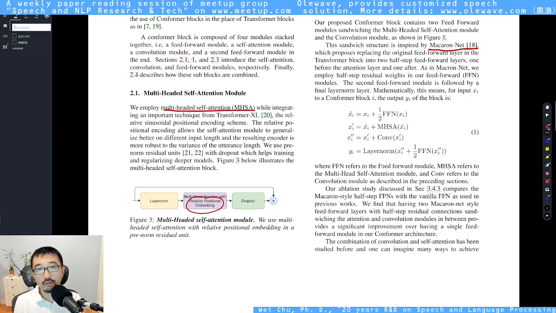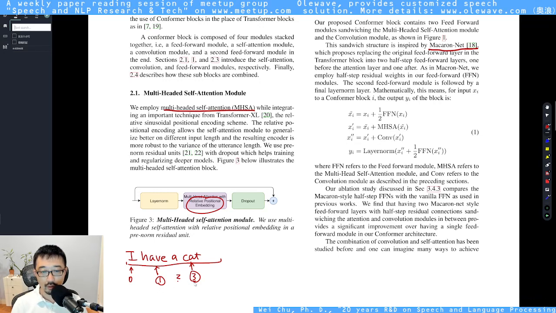Relative position, relative context. For instance, suppose at the sentence beginning I said I have a cat. For the word have, the cat is the position. Suppose I use the absolute position, have is 1, and the cat is 3, right?